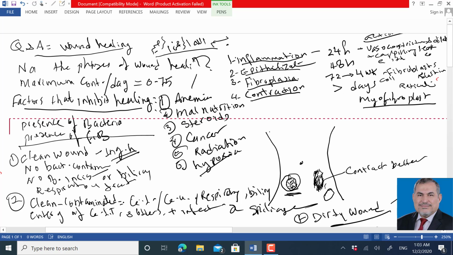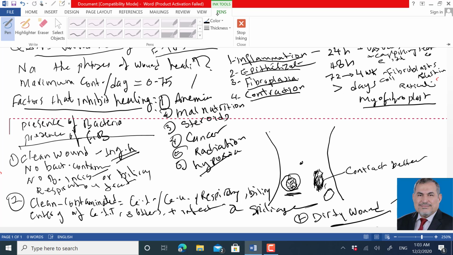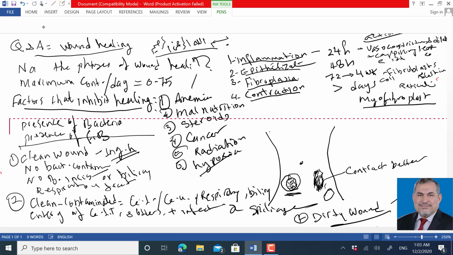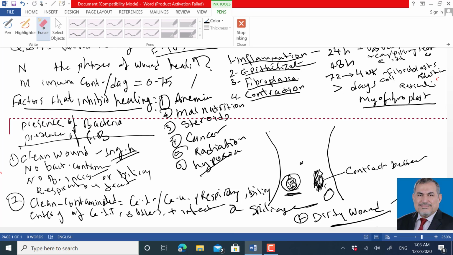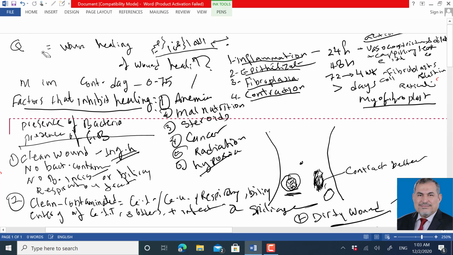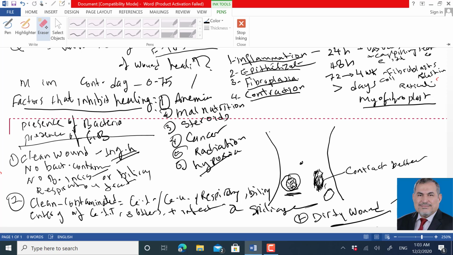Okay, so according to this classification of the wound, we can determine the percent of infection in such wounds.